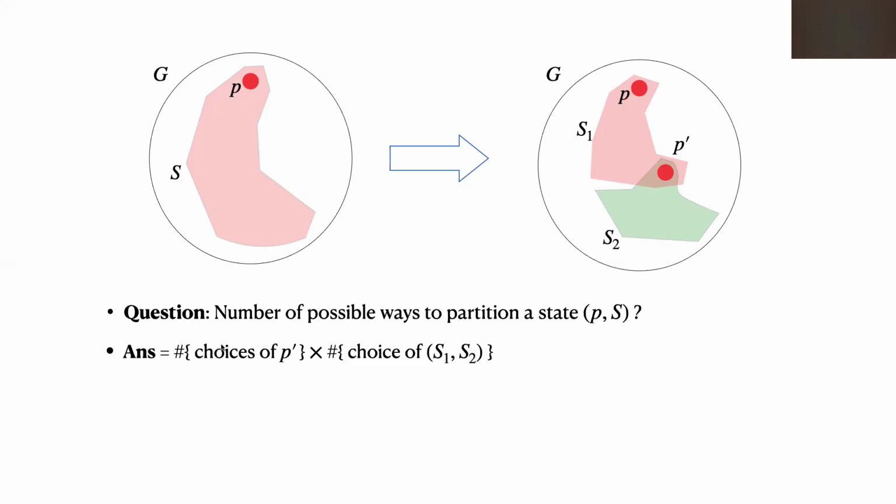So the number of possible ways is at most the number of choices of P' times the number of choices for this partition. And this is at most the number of vertices times 2 to the size of S, which is polynomial in n. And here we use the property that S is of size order log n.